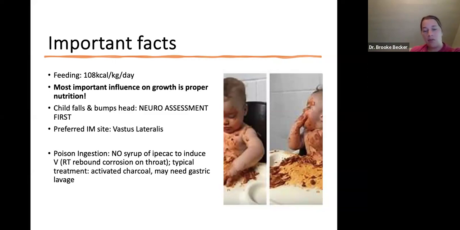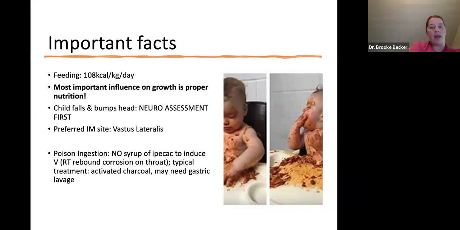Okay. Preferred injection site on all kids is the vastus lateralis. If they're an adolescent, then the deltoid is an option as well, but for little kids, I would say 4, 5 and under, vastus lateralis is going to be your option.